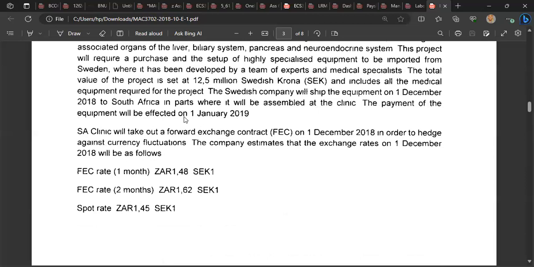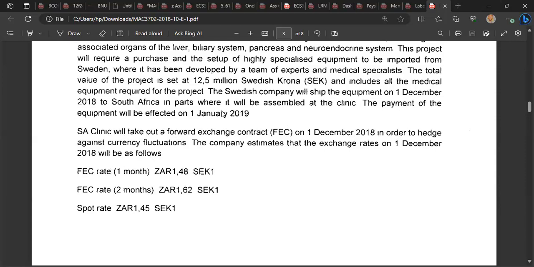We are told that we have taken an FEC, a forward exchange contract. So the contract is from the 1st of December to the 1st of January 2019, a month's time. So we are going to make the payment a month from the 1st of December 2018 using the forward exchange contract rate, which is going to be 1.48.